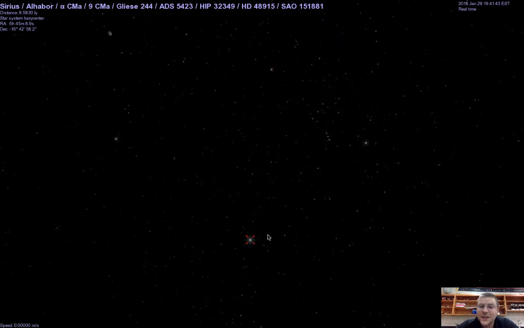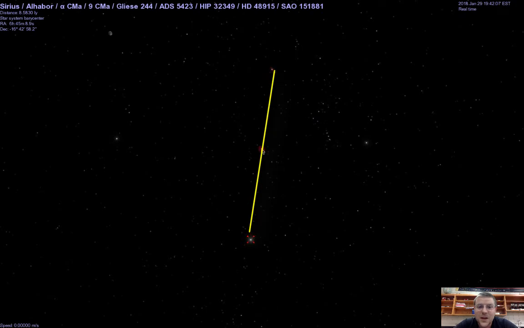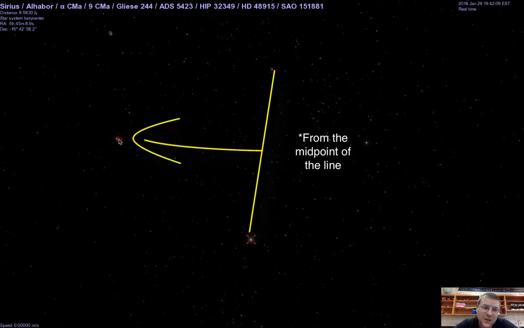Now, Orion actually has 2 dogs that go with him on his hunts. We've got Canis Major down here, but this other dog is Canis Minor. So I'll put on the names, and you can see Canis Minor is a little more towards the east. But to find Canis Minor in the night sky, I need you to take Sirius and Betelgeuse, draw a straight line between those 2, and then head towards the east, and you'll run right into this bright star known as Procyon.